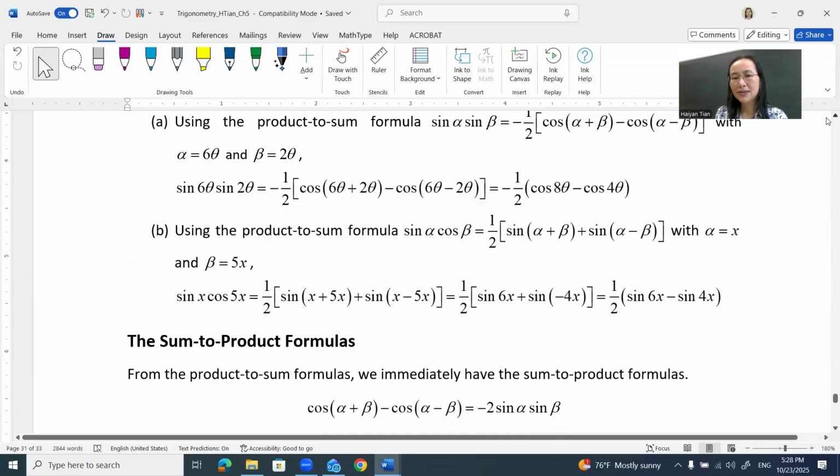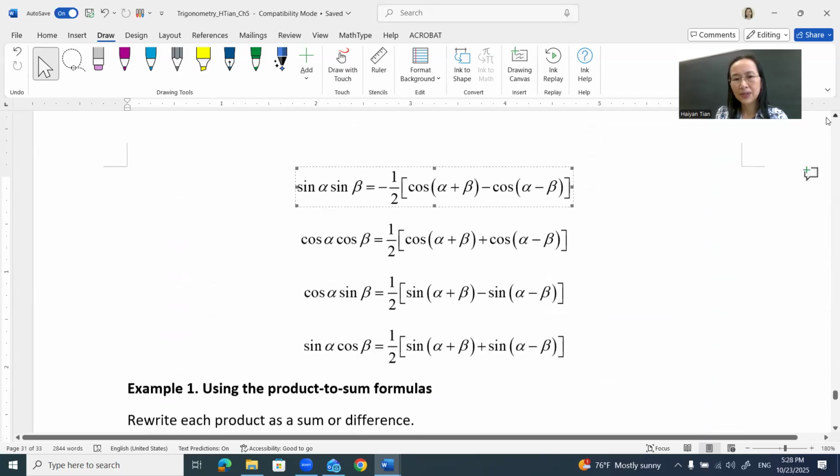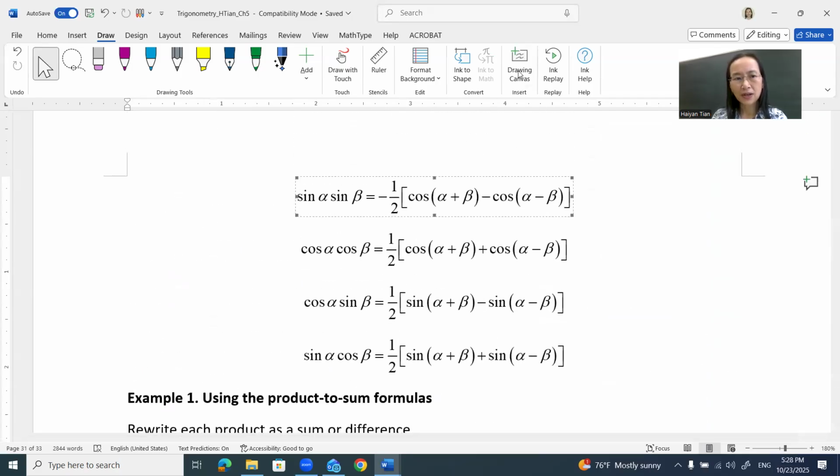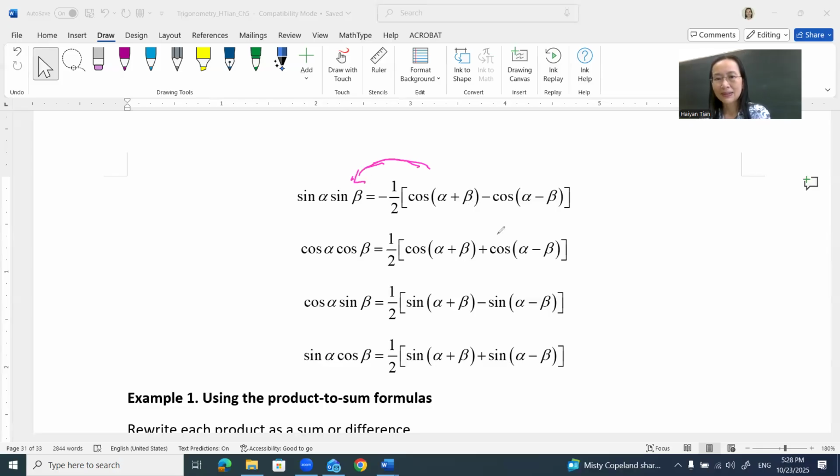What if you want to write a sum or difference into a product? The four formulas we got so far go from the product to difference or sum, and we can use any one of the four formulas. But sometimes we prefer the product form rather than the sum or difference. In that case, you can use the formula in either direction.